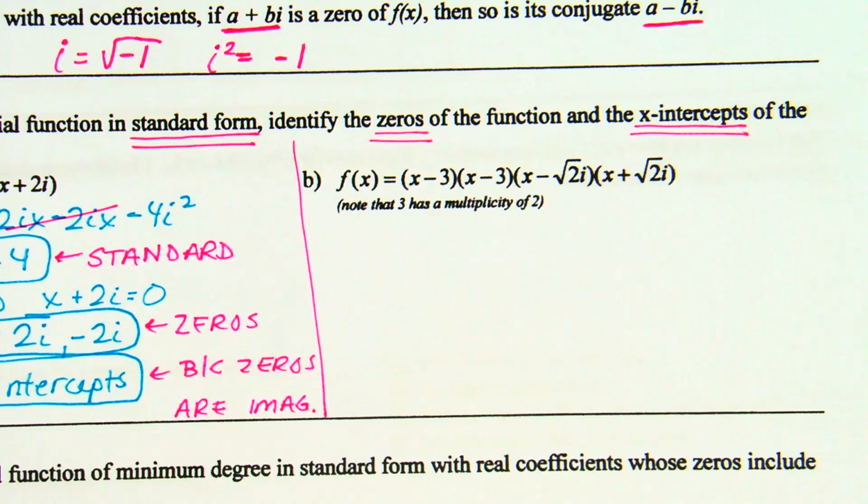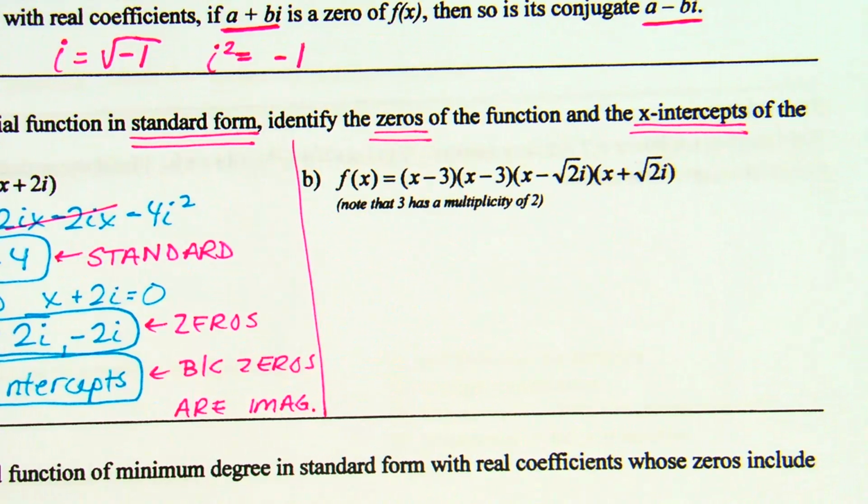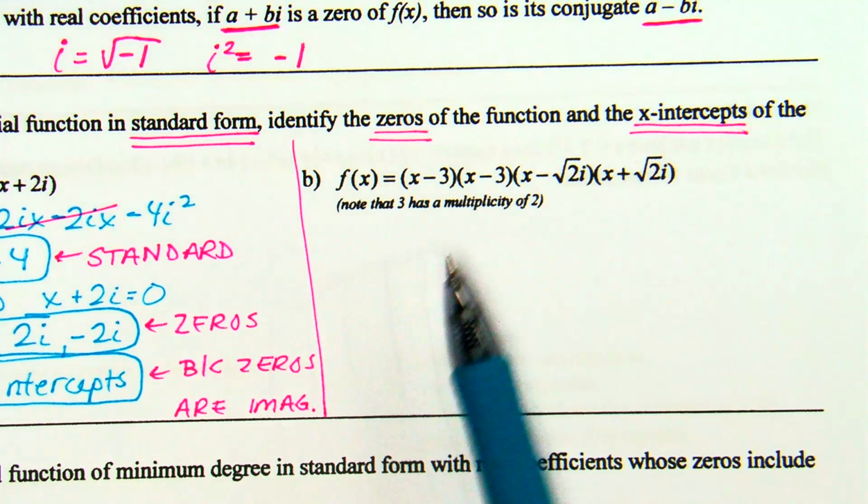Okay. B. f of x equals x minus 3 times x minus 3 times x minus radical 2i times x plus radical 2i. I'm not sure I want to do this one. So first of all, there's a note here. Notice x minus 3 has a multiplicity of 2.